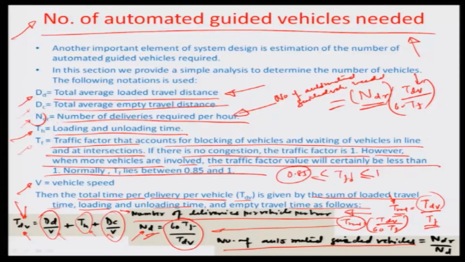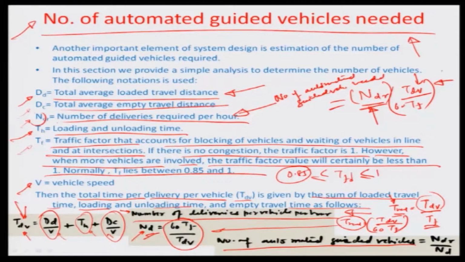So this is the deliveries per hour, and this is the total time needed for performing one delivery of one vehicle. So this is basically how you calculate the total number of automated guided vehicles which are needed.